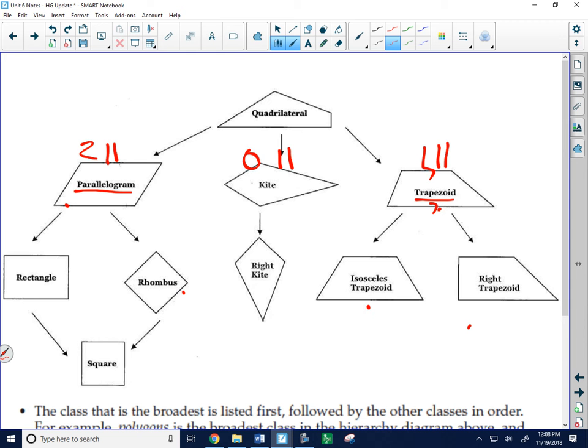When we discuss this one, right trapezoid just means there's a right angle, and there are no other new properties; it just has basic trapezoid properties. Same with a kite. A right kite has no new properties, it's just all the properties of a kite. This one has new properties though.